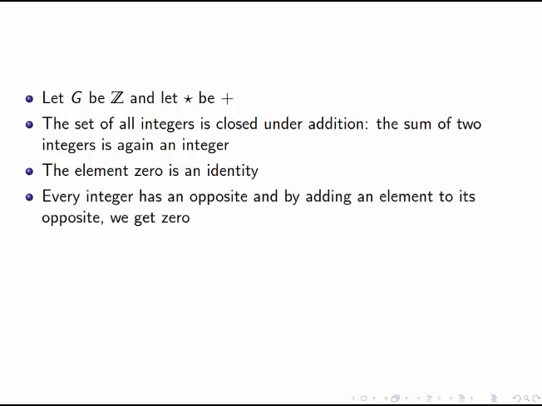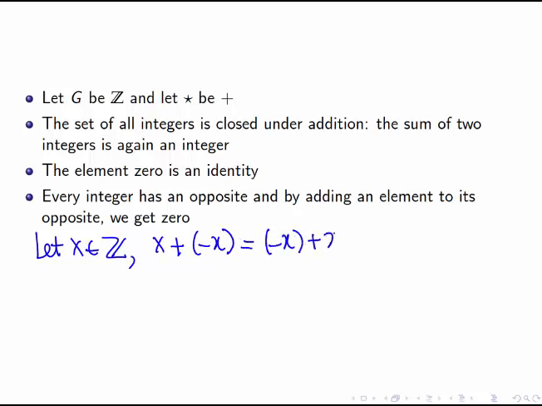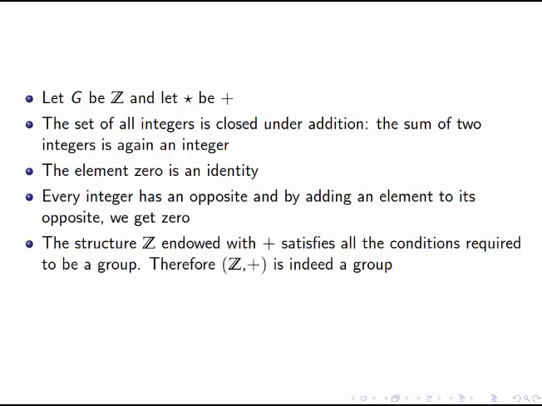Every element has an inverse, meaning that if you let x be an integer, x plus the opposite of x is the opposite of x plus x, and that's equal to 0. The structure Z endowed with the usual addition satisfies all conditions required to be a group. Therefore, we'll say that this pair is indeed a group.